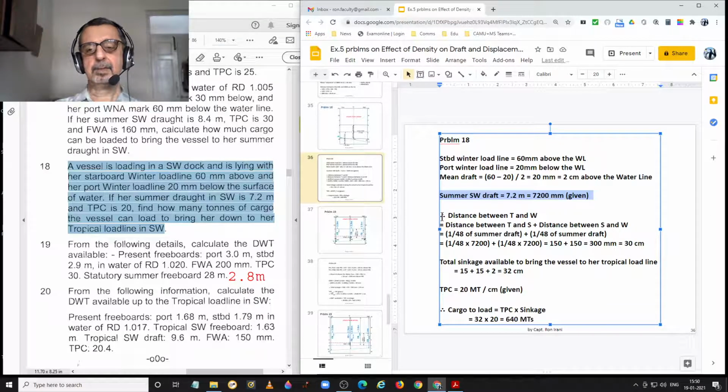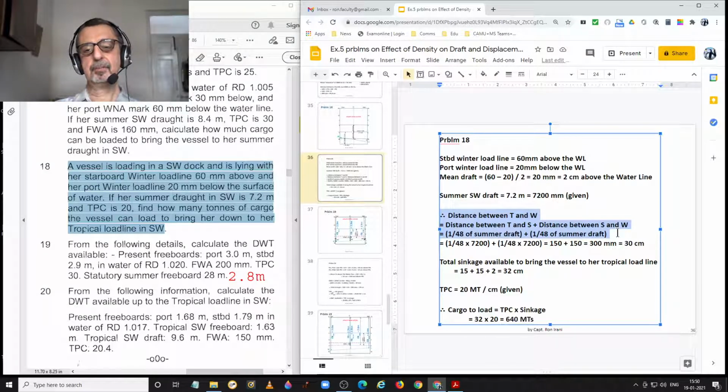Therefore, the distance between tropical load line and the winter load line is equal to the distance between tropical and summer and winter. In both cases, it is 1 by 48 of the summer draft.